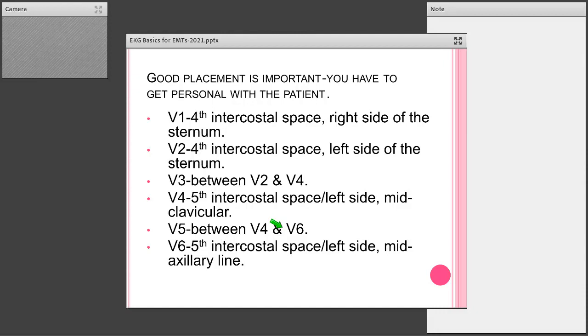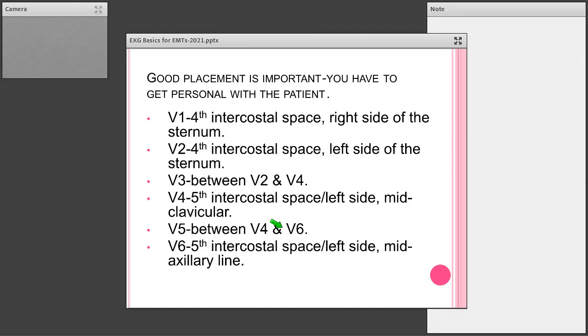So the first place that you're going to go is the fourth intercostal space on the right side, and that's where V1 goes. The next slide has a picture of where they go. V2 is the fourth intercostal space on the left side of the sternum. V3 is going to go between V2 and V4.